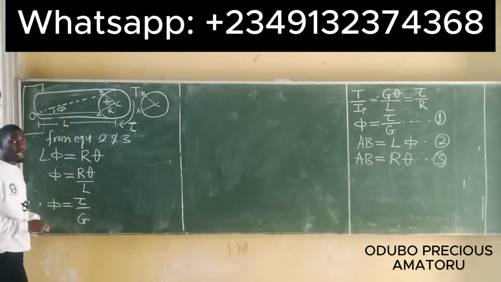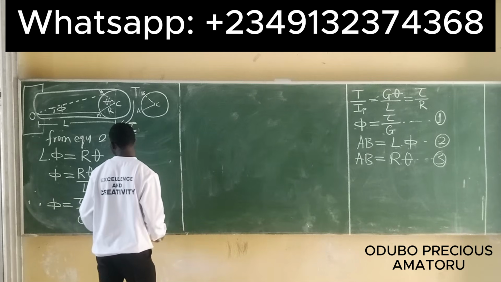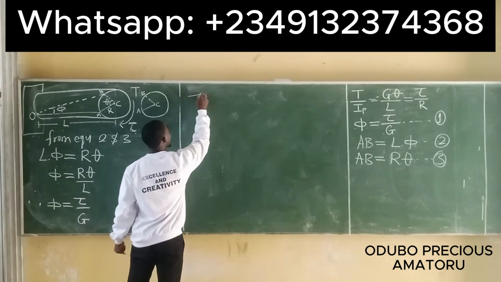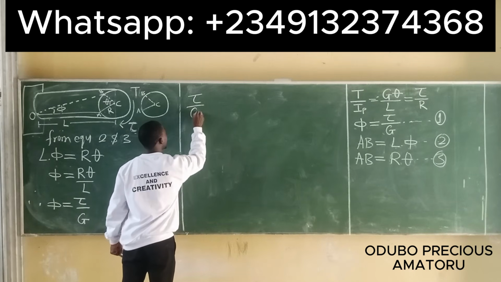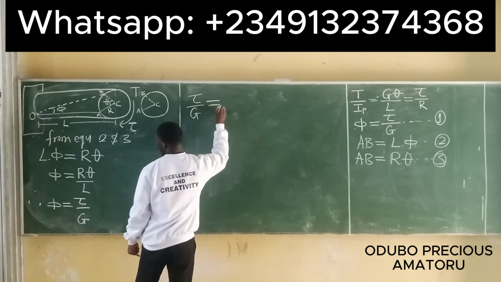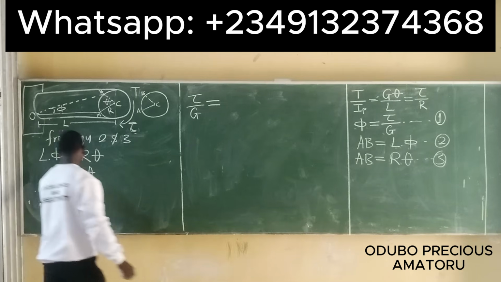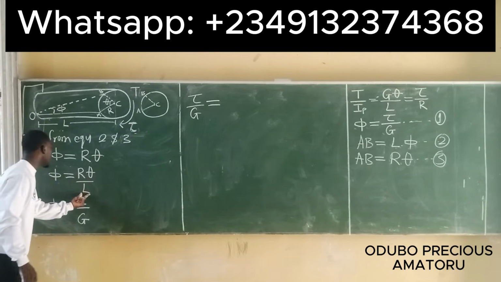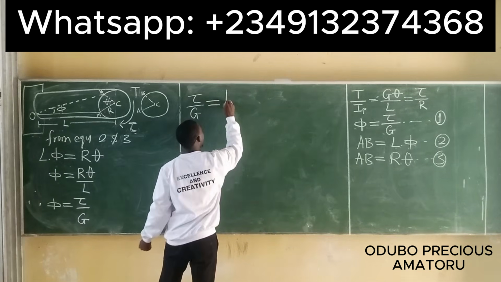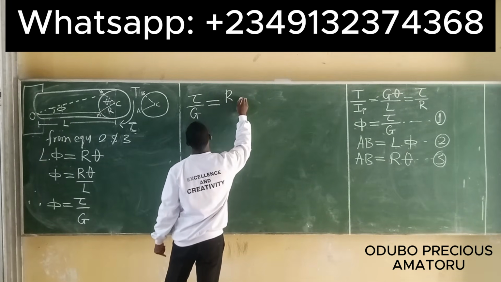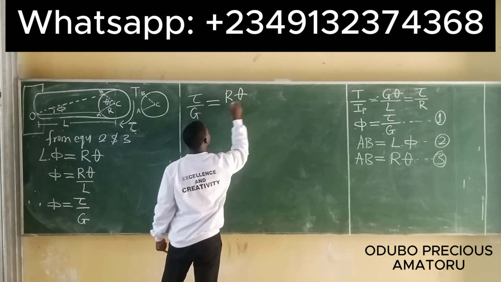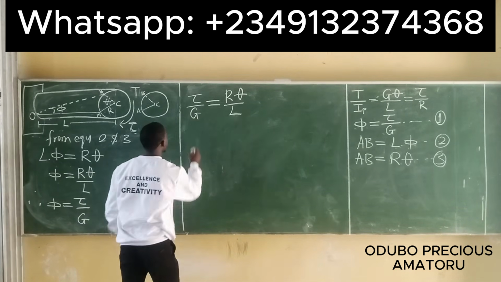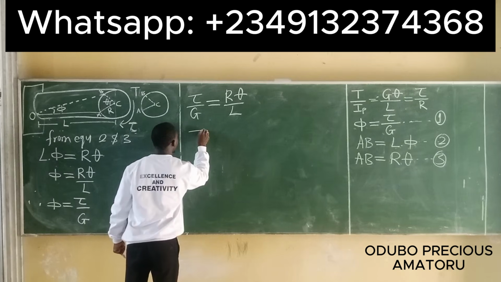So from this we are replacing this with this. So we have that the shear stress all over the modulus of rigidity is equal to this: the radius of the shaft multiplied by the angle of twist all over the length of the shaft. So from here we can make shear stress the subject of the equation.